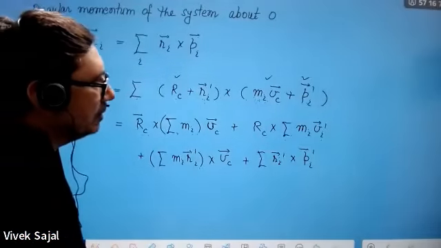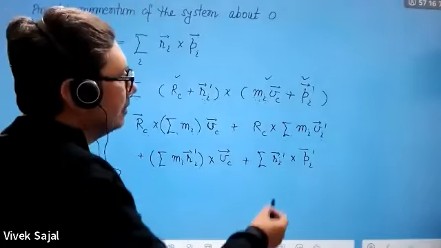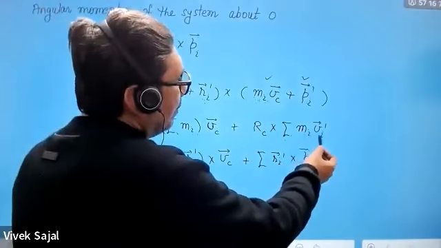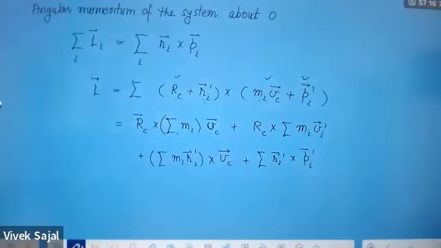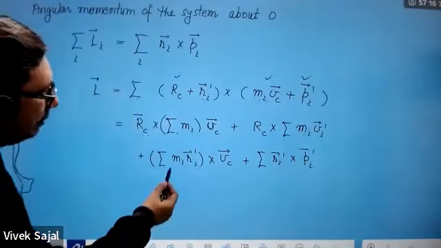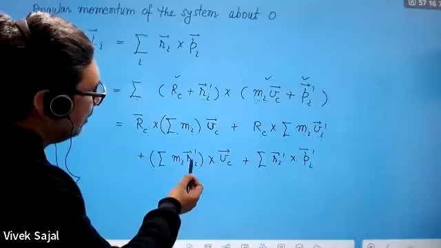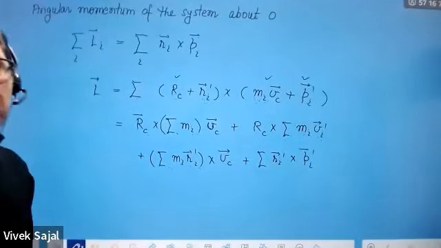Try to understand one thing. What is this? This is sigma Mi, and look at this: this is sigma Mi Ri prime. So how much will they be?